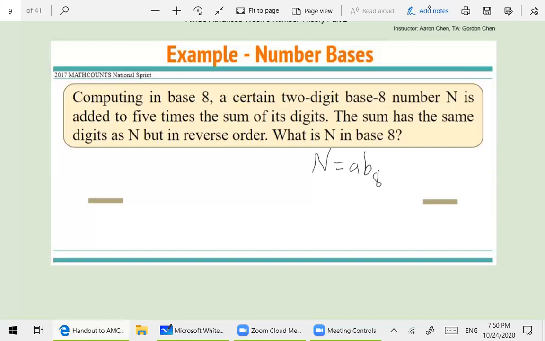Okay, I'll just give another quick hint. So this would imply that n equals 8a plus b.